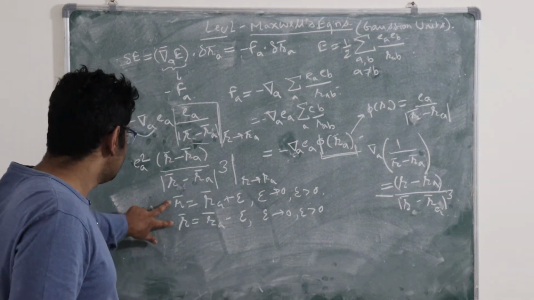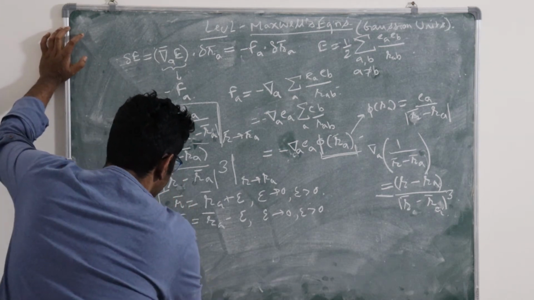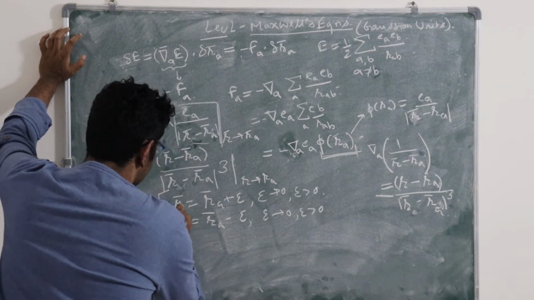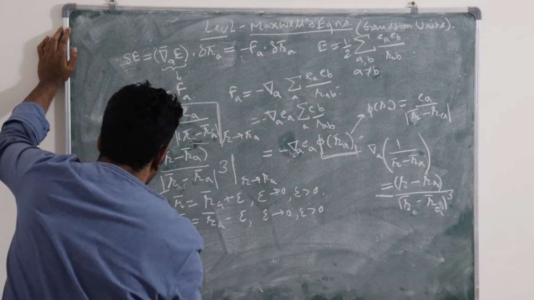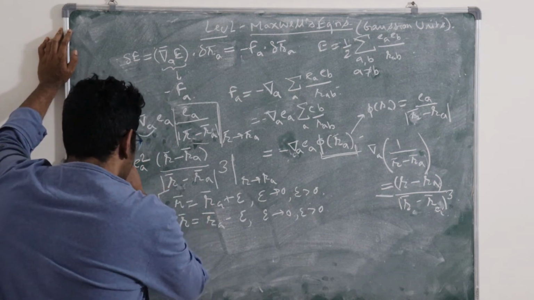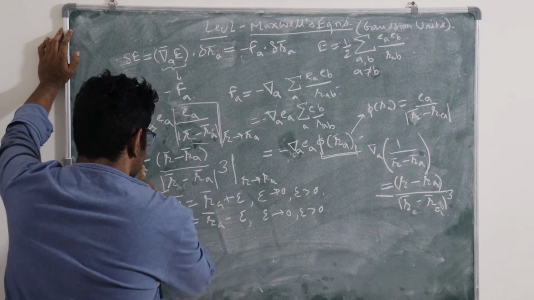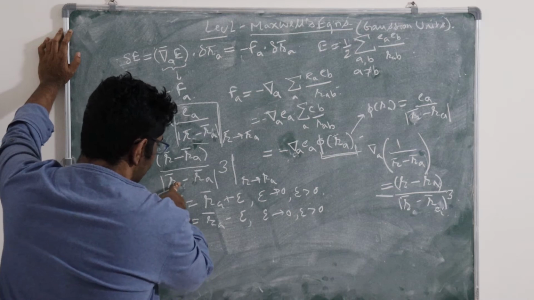When we do these two things, I put in these two equations. Putting in the first equation, what I get is r minus ra is epsilon, so epsilon by epsilon cubed.